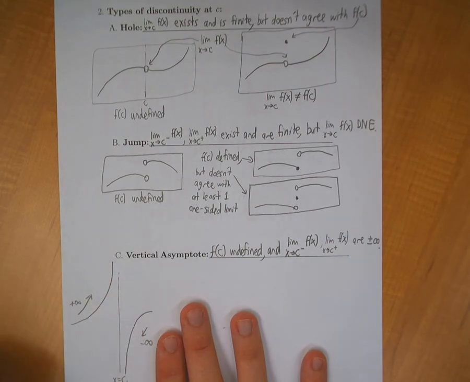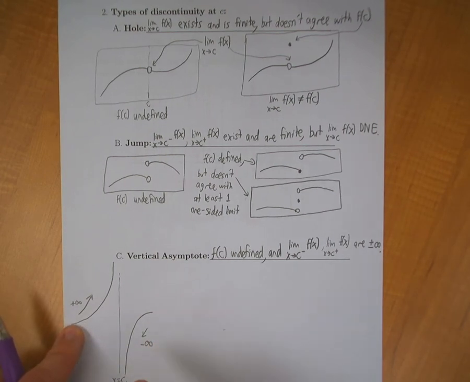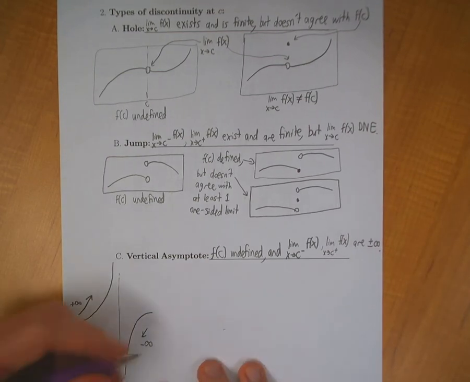So, as a result, we have that the limit as x approaches c from the left is positive infinity, but the limit as x approaches c from the right is negative infinity. Well, what does that tell you about the limit as x approaches c of f of x?